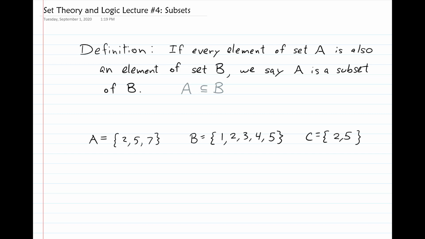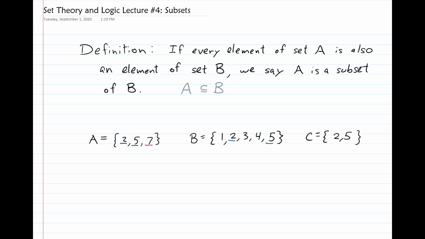Okay, so let's figure out which sets are subsets of others. So let's look at A. Is every element of A in the set B? Let's ask that question. So we'll just go one at a time. So there's 2. Is that in B? Yes, it is. Here's 5. Is that in B? Yes, it is. Here's 7. Is that in B?